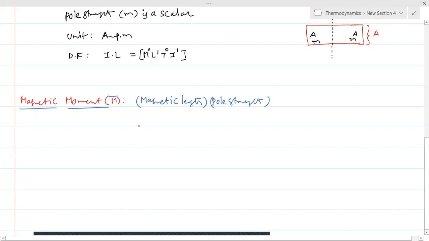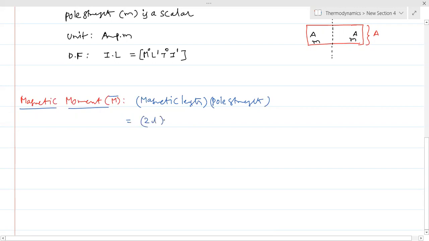Magnetic length is equivalent to 2L, and pole strength is small m. So technically, M bar is equivalent to 2L bar into m.